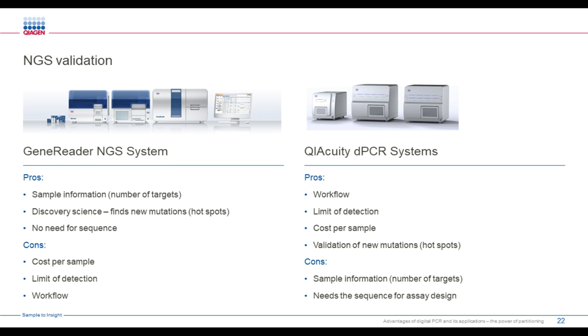Sequencing is good when you don't know what the sequence looks like. You get the sequence, then you can create an assay, and then you use that assay to screen with digital PCR, which can detect it to a very low allele frequency, or if it's a rare sequence, or if it's gene expression, for instance.